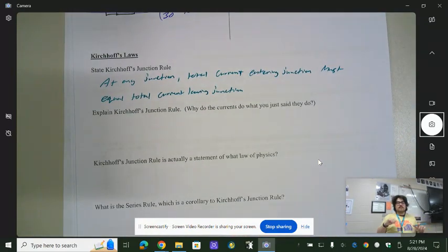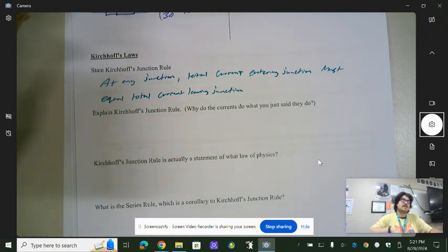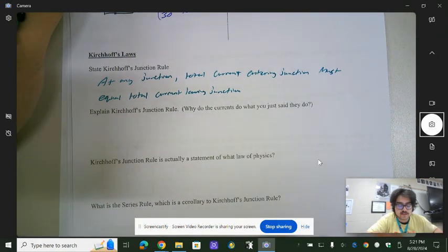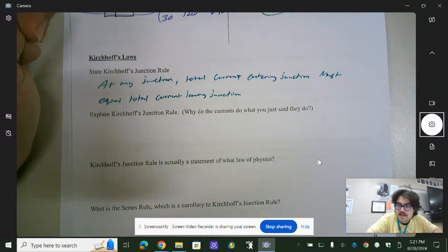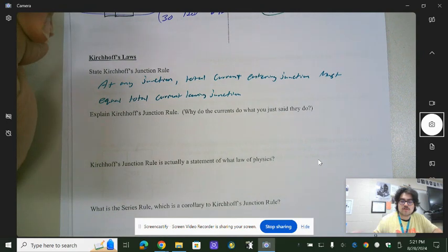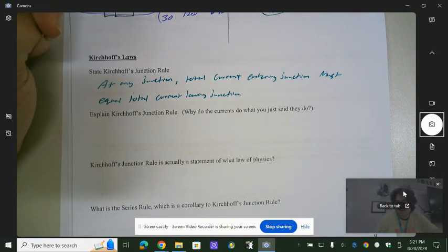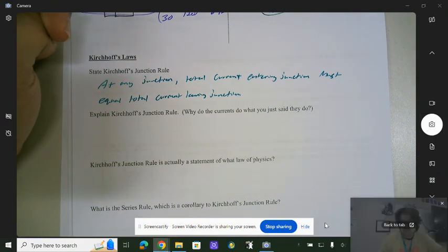So the total current that enters any junction must be the same as the current that also leaves that junction. You don't gain or lose any while you're in the junction. Junctions don't cause you to gain or lose any current.